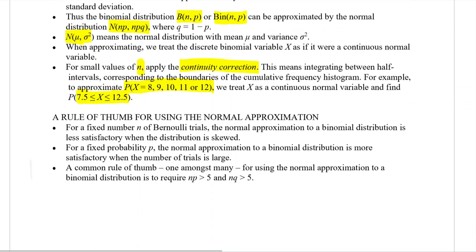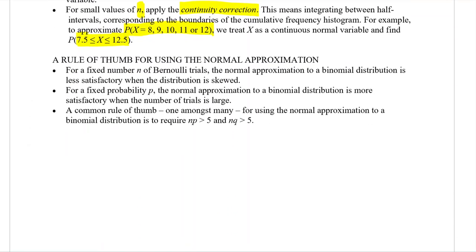So a rule of thumb for using the normal approximation. For a fixed number of n Bernoulli trials, the normal approximation to a binomial distribution is less satisfactory when the distribution is skewed, because it doesn't work as well. For a fixed probability p, the normal approximation to a binomial distribution is more satisfactory when there is a large number of trials.